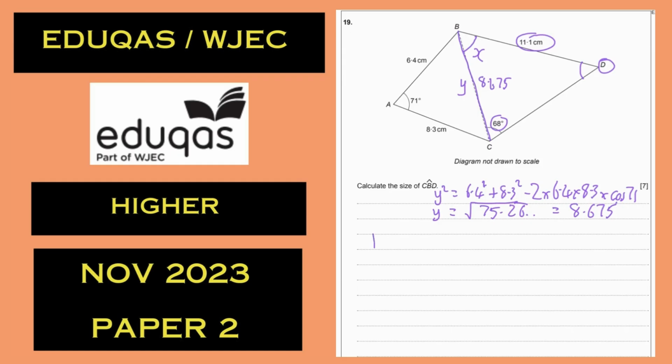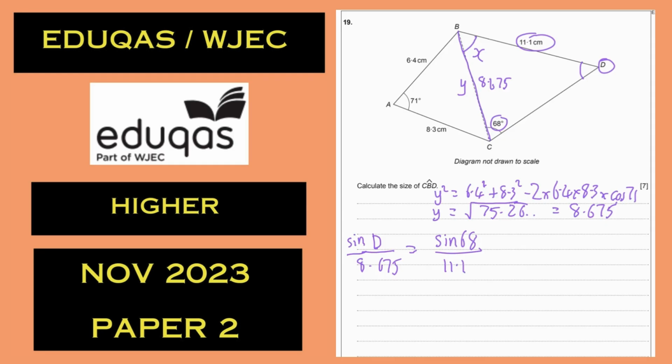We can say that sine D divided by the side which is opposite, 8.675, is equal to, we've gone for angles on top, so it's sine 68 divided by the side opposite, which is 11.1.